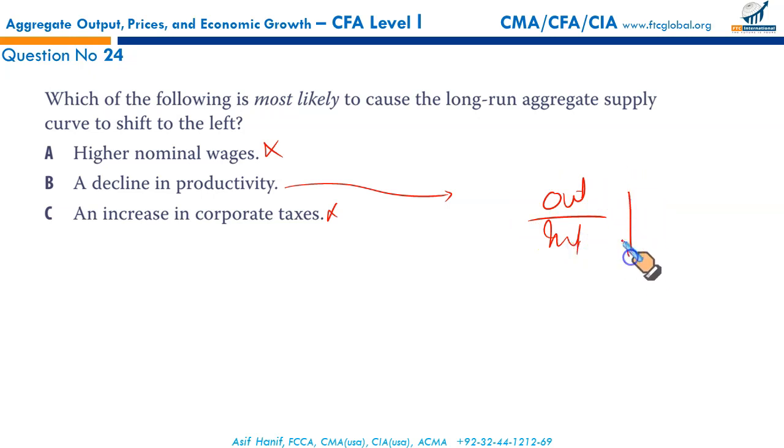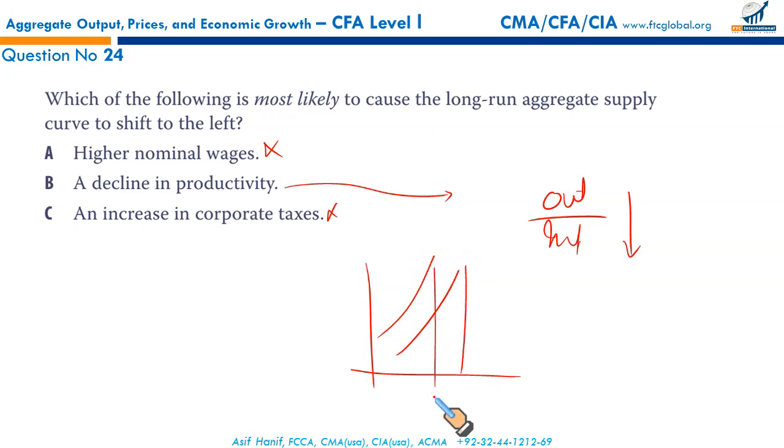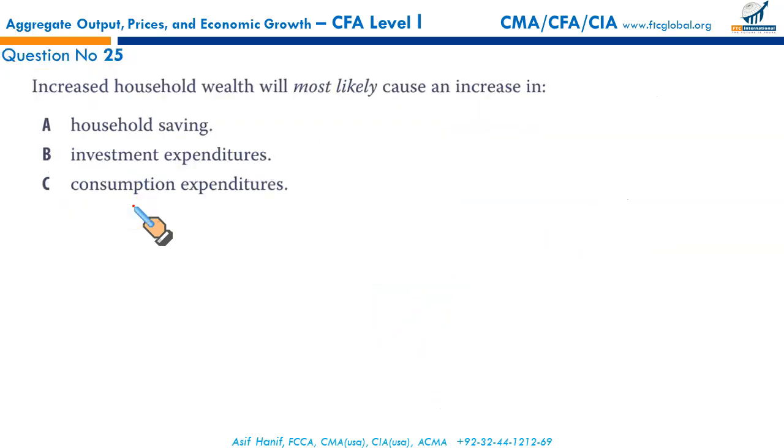So when productivity decreases, efficiency decreases, which eventually means that the labor cost would be higher and profitability would be lower, which means the firms will produce lower output at each price level. So this would result in a shift inward both in the short-run aggregate supply curve as well as the long-run aggregate supply curve. So B, without doubt, is the right answer.